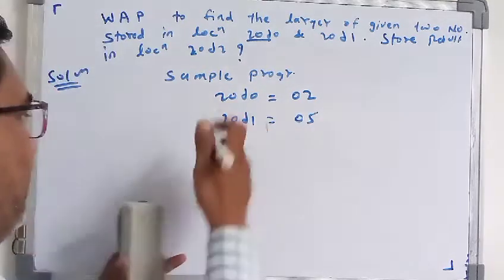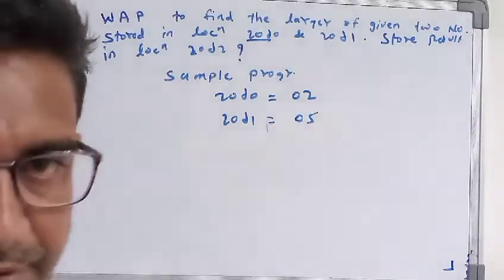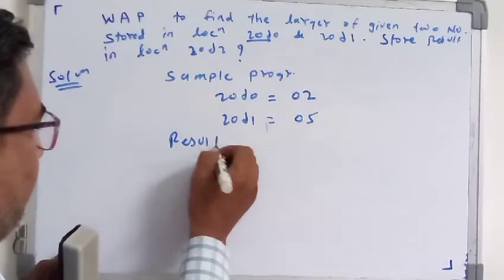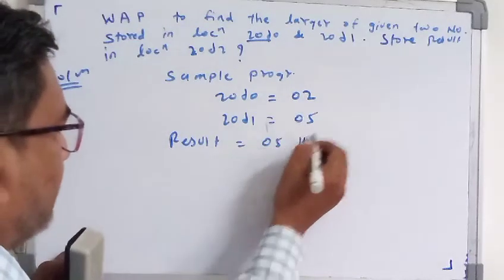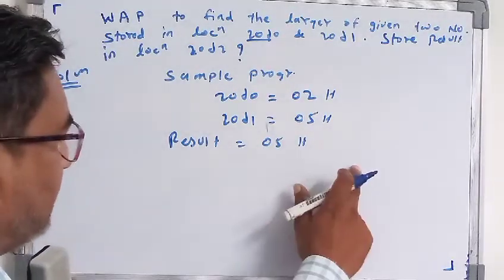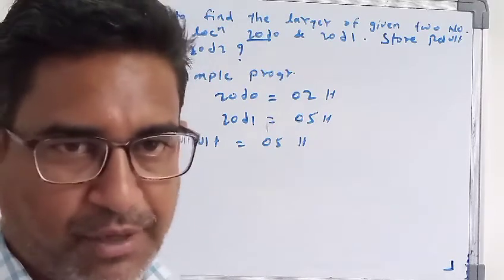Observing these two numbers, your result is going to be stored. So the result is equal to 05H. After this, you have to write down the assembly language program.